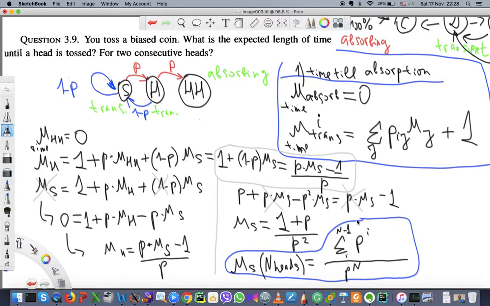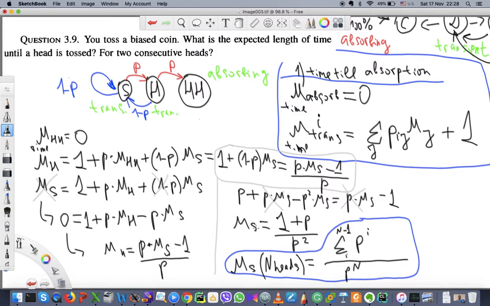If we are interested from the start in getting to two heads, what we have is a summation of the zeroth power term, which is 1, plus term n minus 1, which is the first power term, and it will be 1 plus p over p to the power n, which for two heads is p squared.